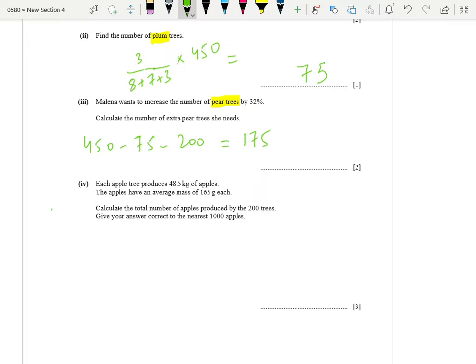So that is the current number of pear trees, and you want to increase that by 32%. So you multiply 32% by 175 to know how many extra pear trees she needs. 175 times 32 divided by 100 gives you 56.